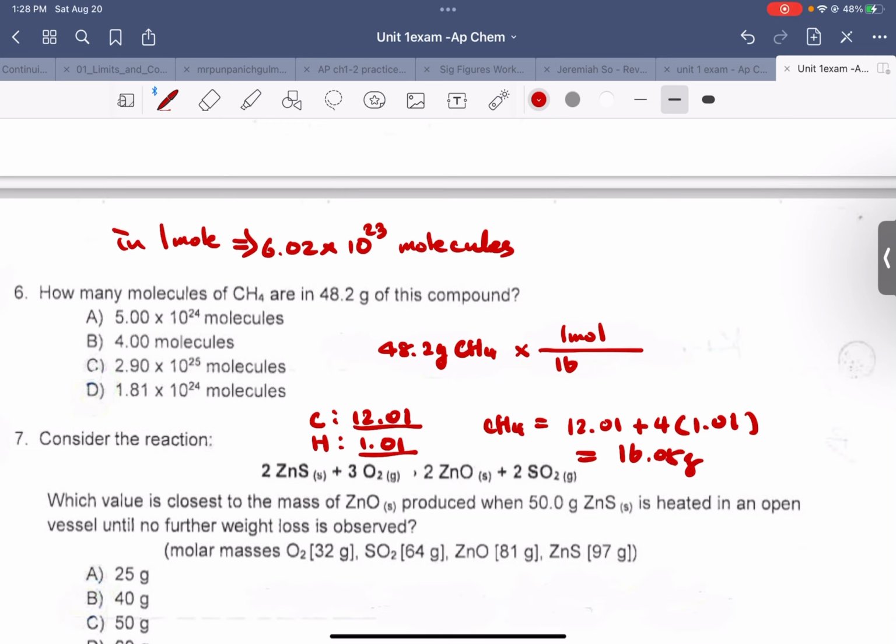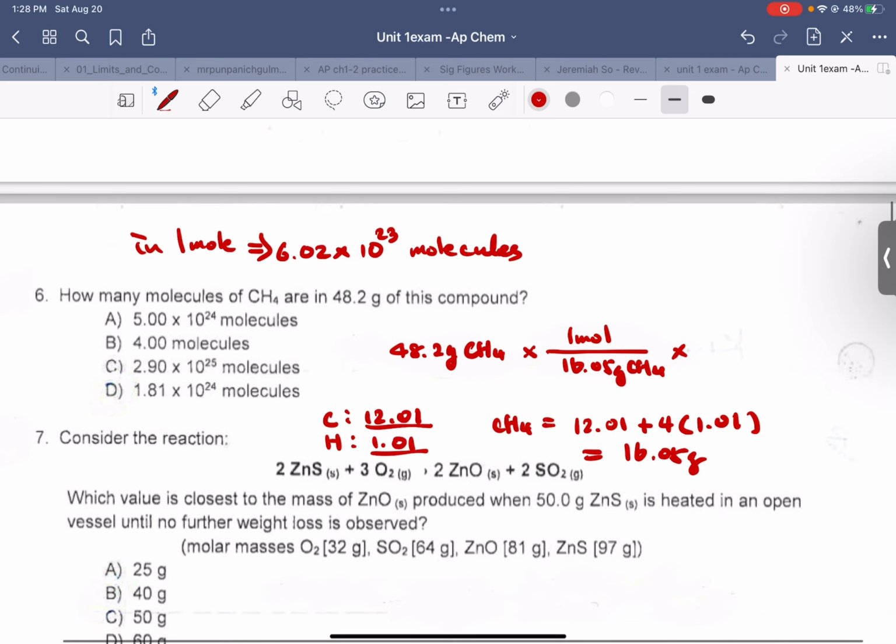Okay, 16.05 gram of CH4. Now the question is how many molecules? So far I have how many moles of CH4. Now 1 mole has Avogadro's number of molecules, so 6.02 times 10 to the 23 molecules.